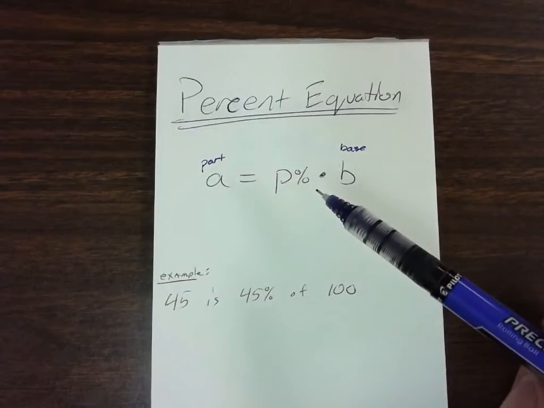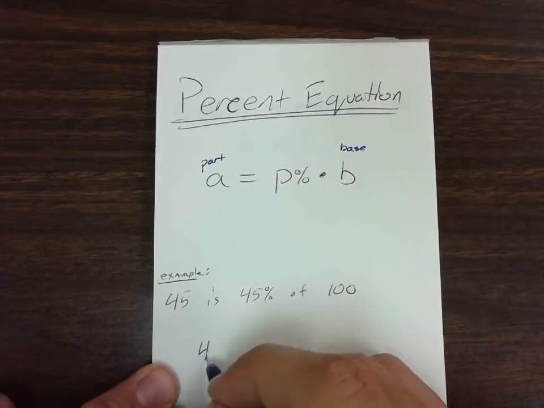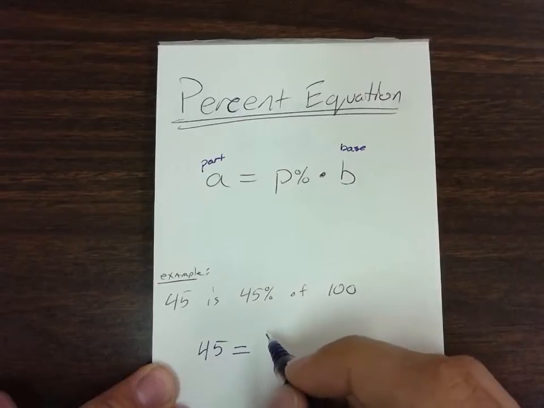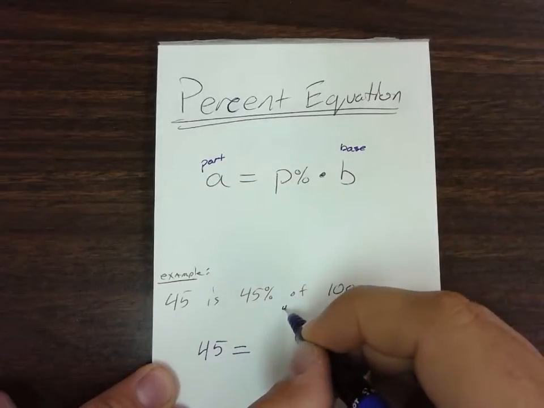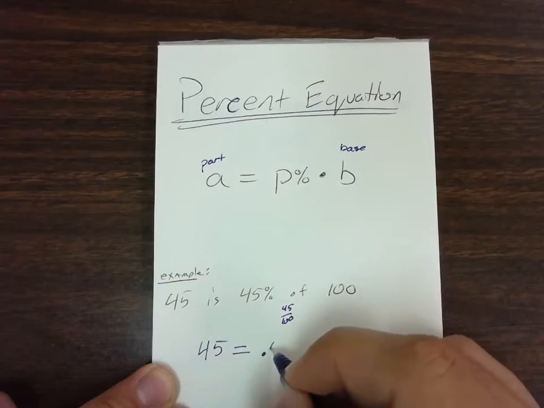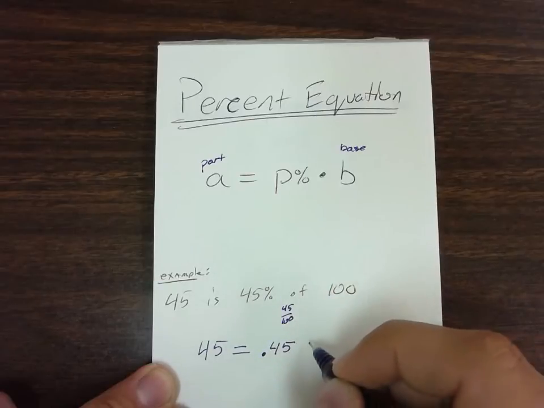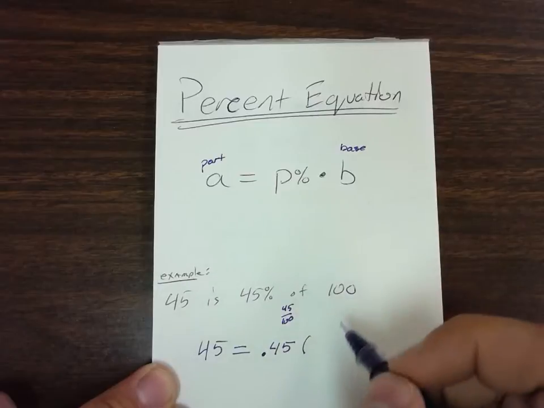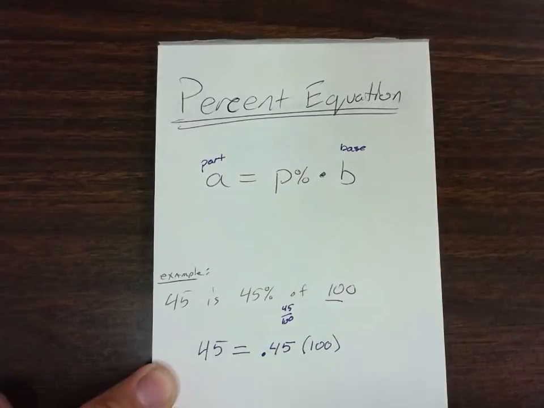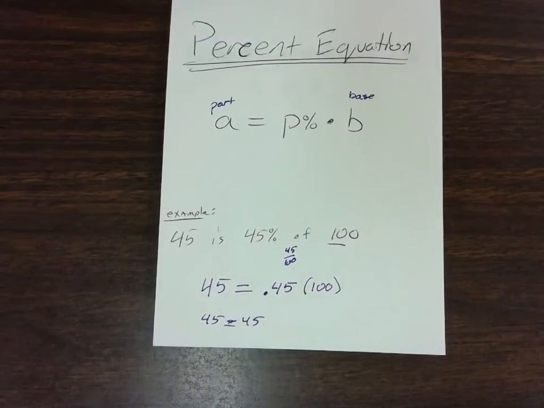If I wanted to write this in the percent equation, it would look like this. 45 is 45%, so that's going to be 45 divided by 100, so that's 0.45 times the base, which is going to be 100. And we could check: if you multiply those together, you will get 45, which means it's true. And obviously that makes sense because we set it up to work that way.